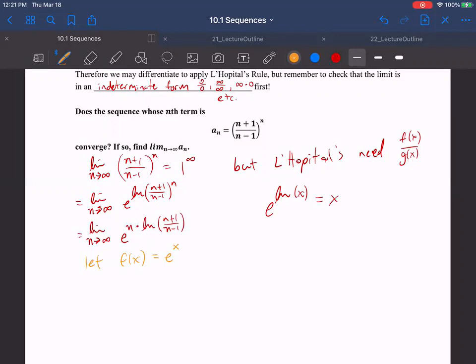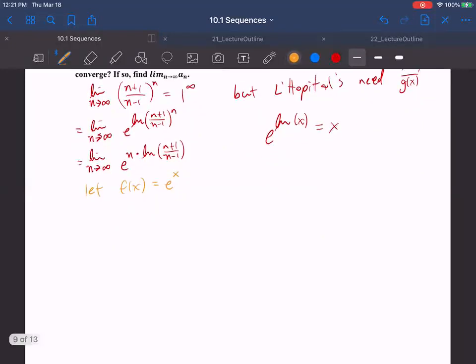And then what we need to look at is the limit as n goes to infinity of just n times the natural log of n plus 1 over n minus 1, which I can then rewrite as the limit as n goes to infinity of natural log of n plus 1 over n minus 1, over 1 over n. And now we can use L'Hopital.